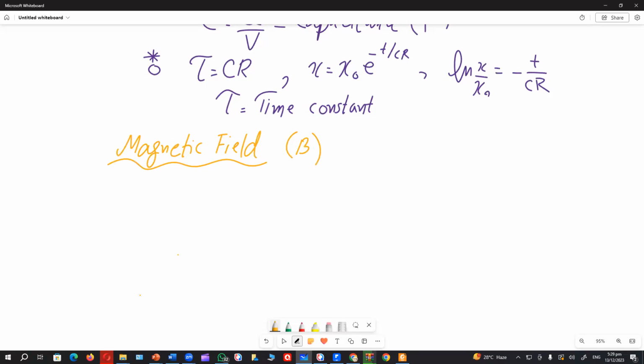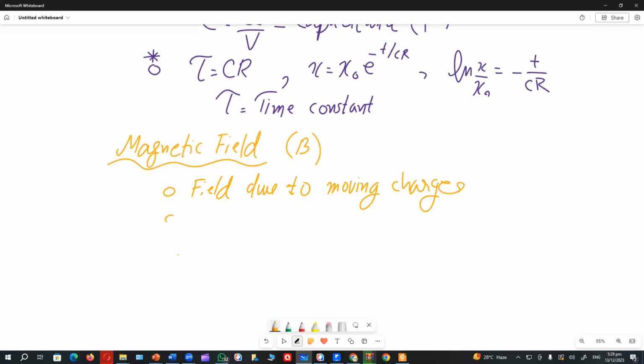Normally, chapters are not that big. If I start with the definition, magnetic field is a field due to moving charges.